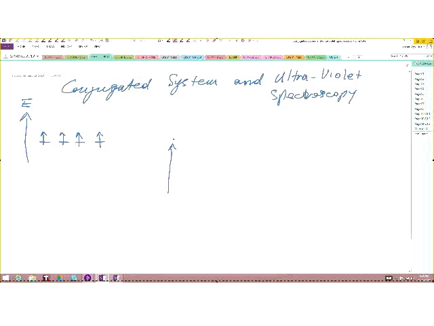Okay, this is your overlap p orbital, in which you have 2 electrons. Supposing you now expose this molecule to ultraviolet light, it's called UV light.